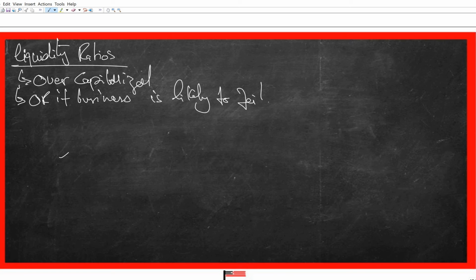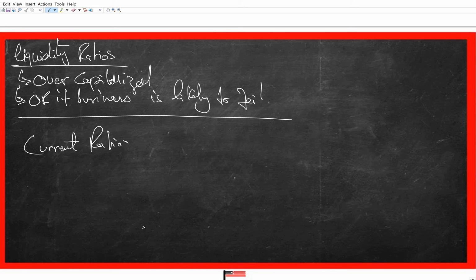There are various types of liquidity ratios. First we have the current ratio, which is current assets divided by current liabilities. The current ratio helps us assess whether the company has enough current assets to pay its current liabilities.